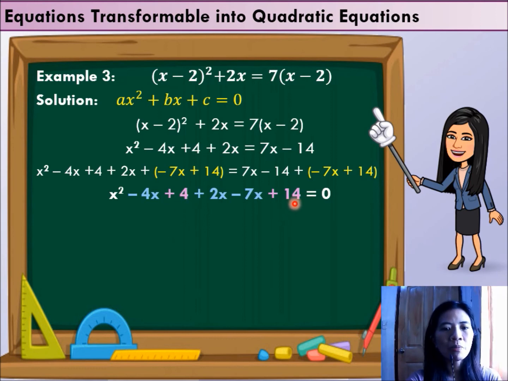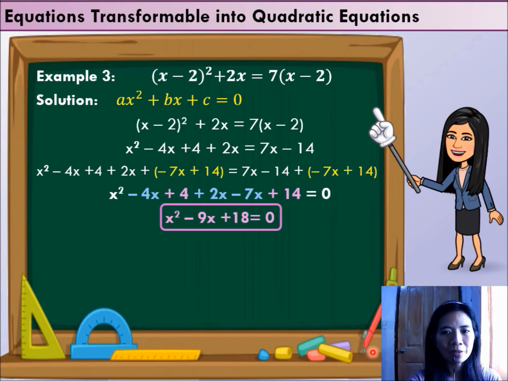So we copy x squared, then negative 4 plus 2 plus negative 7 is negative 9x. And then positive 4 plus 14 is positive 18 equal to 0. So this is now the standard form of your quadratic equation.